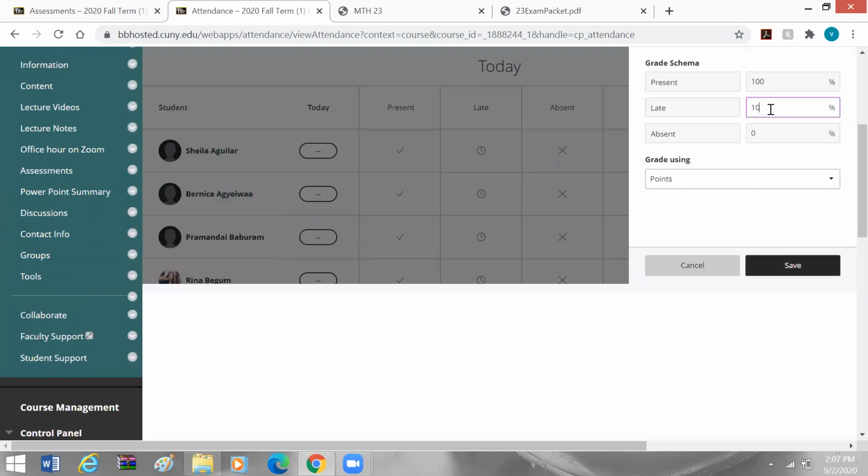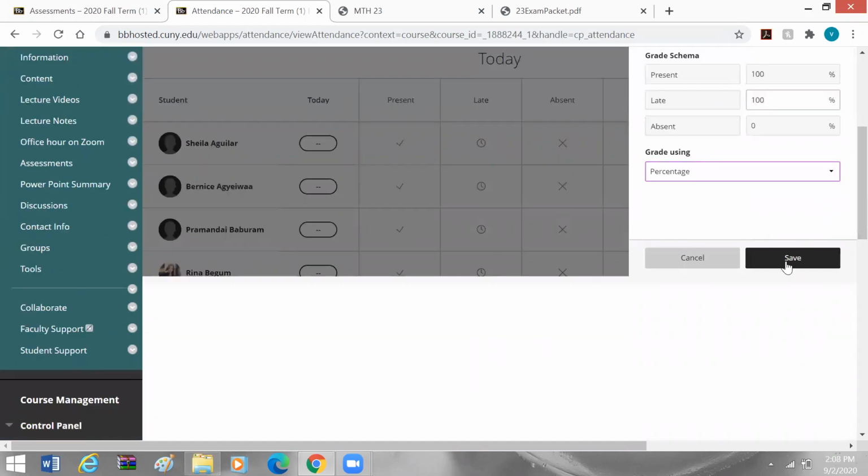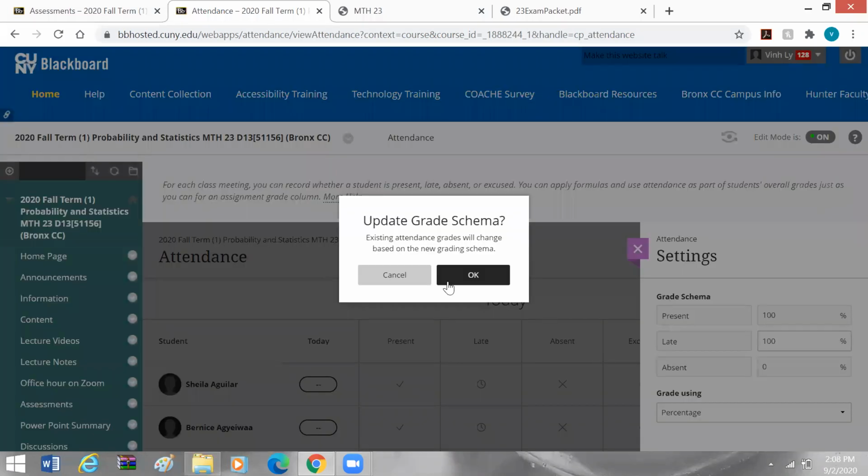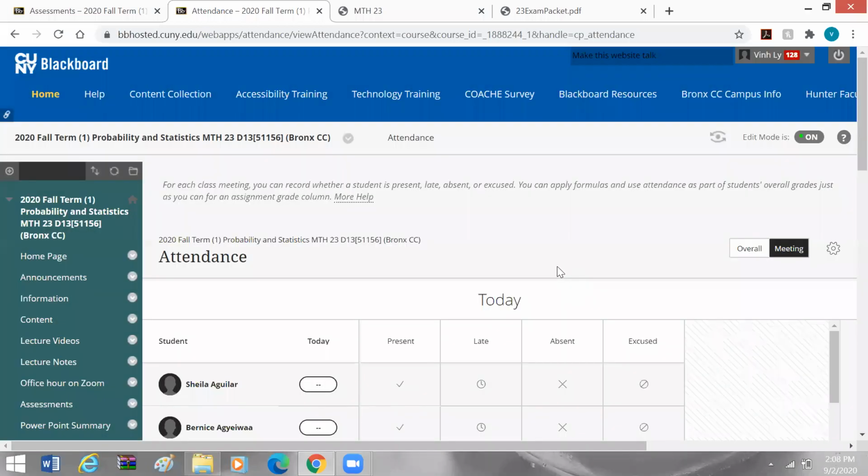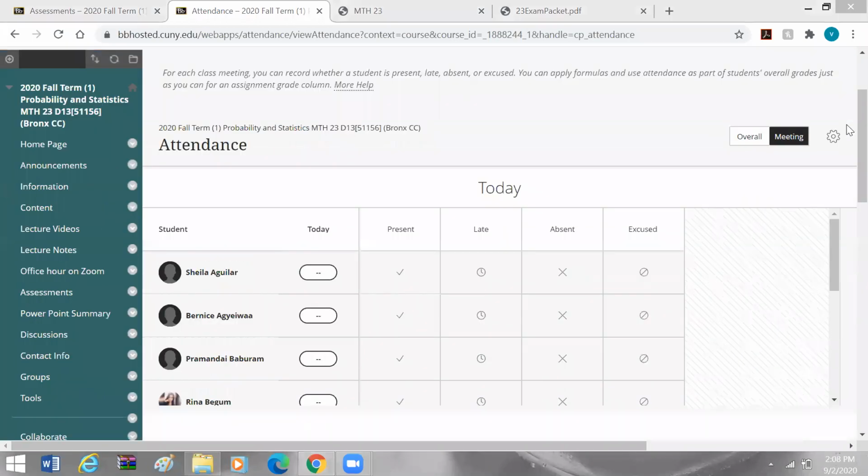The late is still 100 percent. We're going to take attendance, starting with the first person in the classroom.